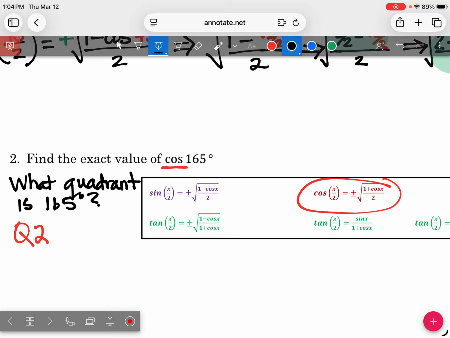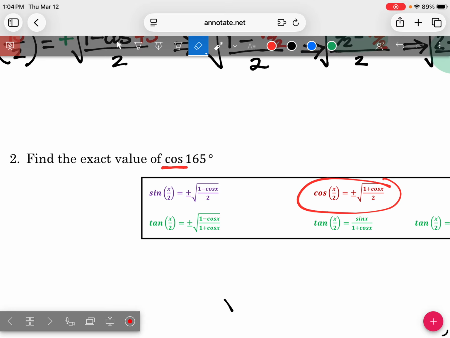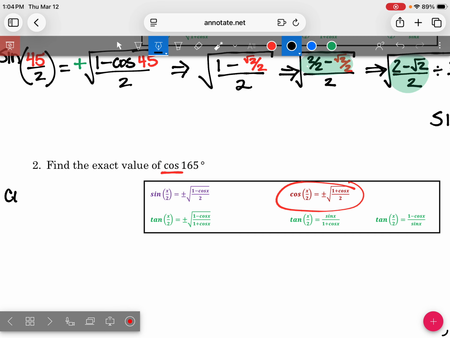So I'm going to go ahead and rewrite that. So for this identity, we have the cosine. Oh, wait. Now one more thing we got to figure out. We need to figure out what the angle will be on our unit circle.